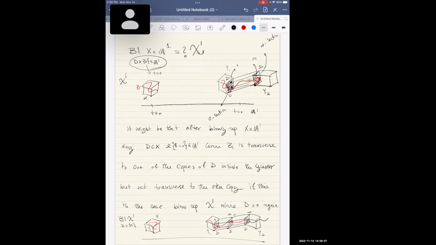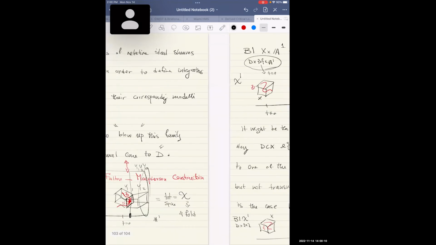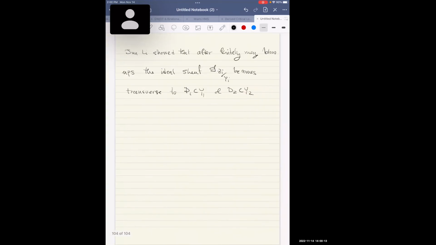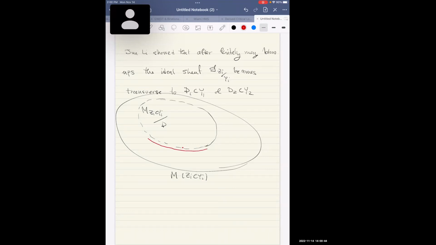Okay, so if you replace the boundary of that open locus with this picture, that's exactly the compactification. Basically, the compactification will be, so if you have the moduli space of Zi inside Yi with the relative condition, so this is the big moduli space of Zi inside Yi. Inside it, there is this open locus, because the Zi are not necessarily transverse to D, which doesn't satisfy the compactification, but then you put a boundary on it.